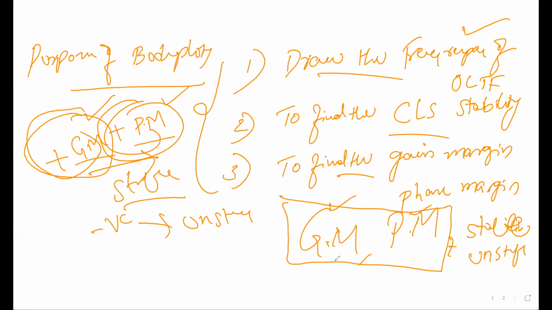Based on the values of gain margin and phase margin, we are going to identify whether the system is stable or unstable. Is it clear? All of you? Say yes or no.